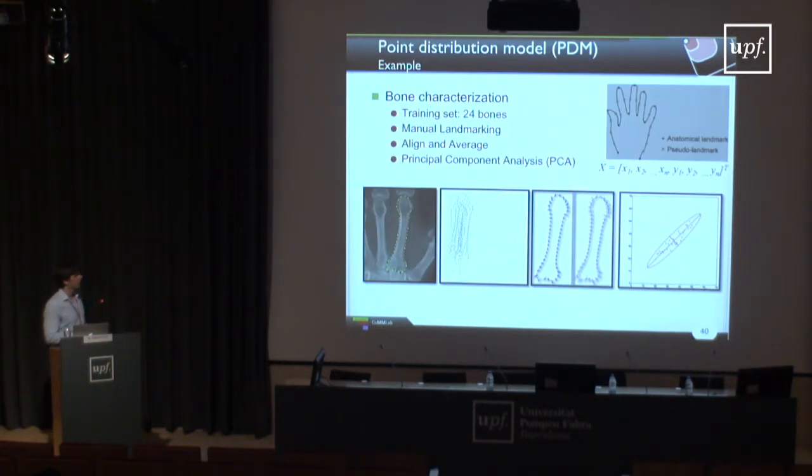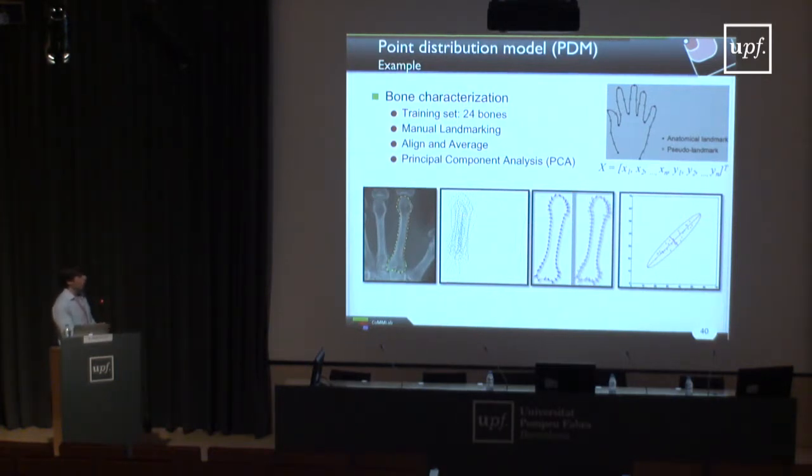Before reaching the heart, we are going to use a second tool, which is the point distribution model. For that, I'm going to show you with bones what this means. If we want to build the atlas, imagine that you have hands and we're interested in doing a model of one of the bones from the finger.